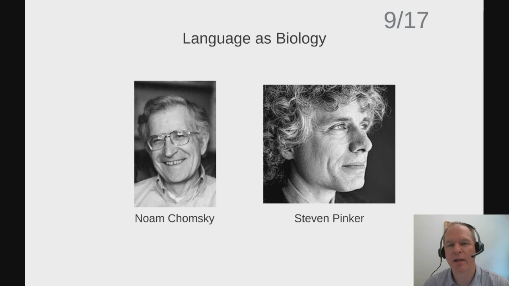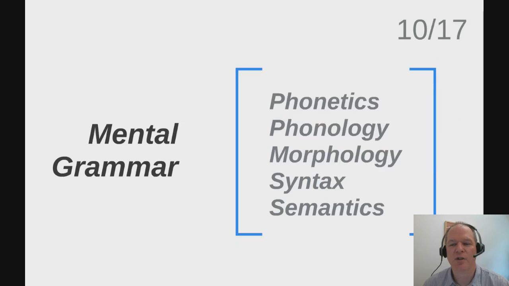And Steven Pinker more recently has argued that language is an evolved mechanism and that its evolution is described in terms of normal Darwinian processes for evolution. This is important because language is hard to investigate. It doesn't leave fossils. And it has been a topic of controversy in terms of its evolution.